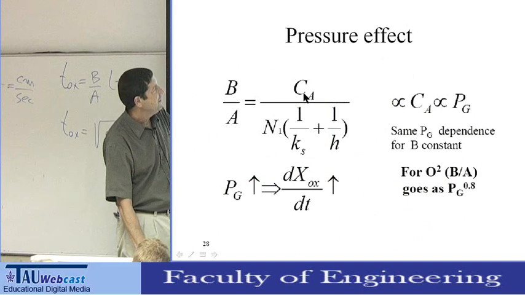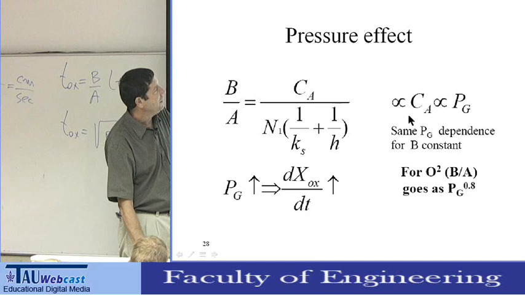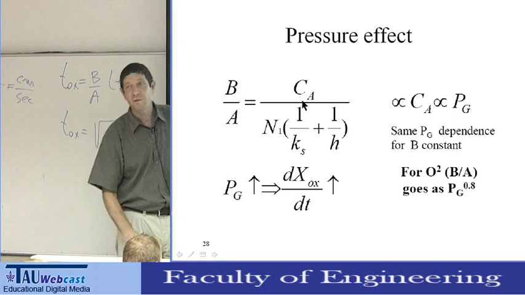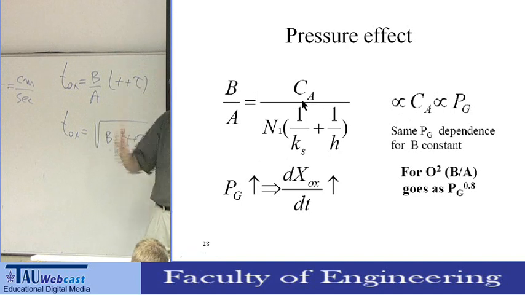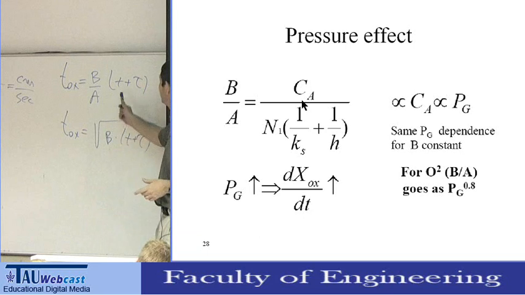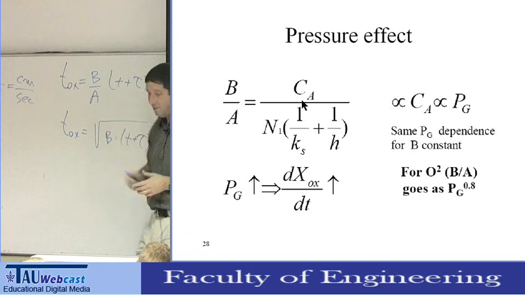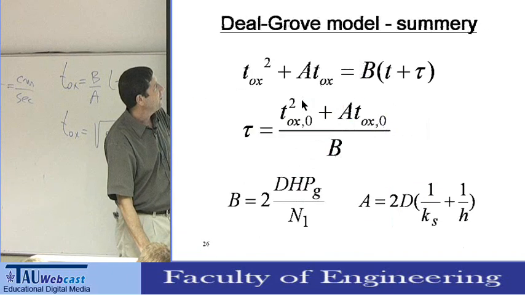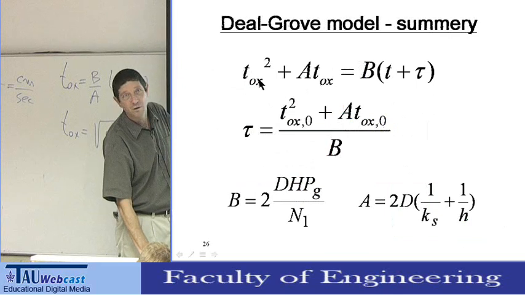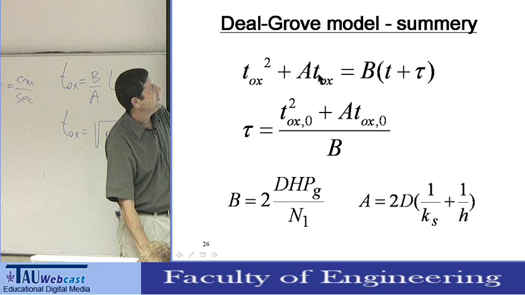CA is the pressure in the ambient, or depends on the pressure in the gas. So if I want to increase the oxidation rate, I increase the pressure in the gas. That actually makes sense. This is thin, this is thick. If you look at this expression, for thin oxide, I eliminate the square value. For thick oxide, I eliminate this value.